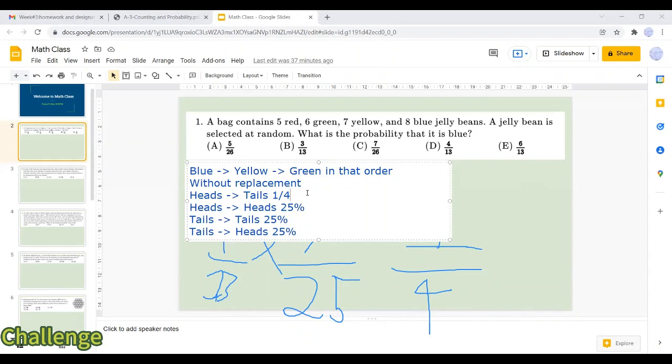The jelly beans. 64? I think so. See, here, this is 4 outcomes, right? So then we do this.